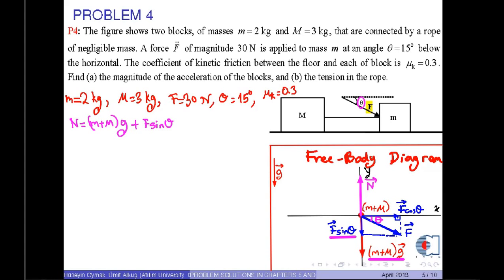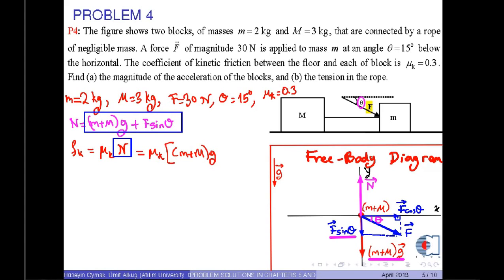So we can determine the kinetic frictional force by the following formula. Small f k equals mu k times N, and put the equivalence of N into here. Then we get mu k times small m plus capital M times g plus F times sine theta.